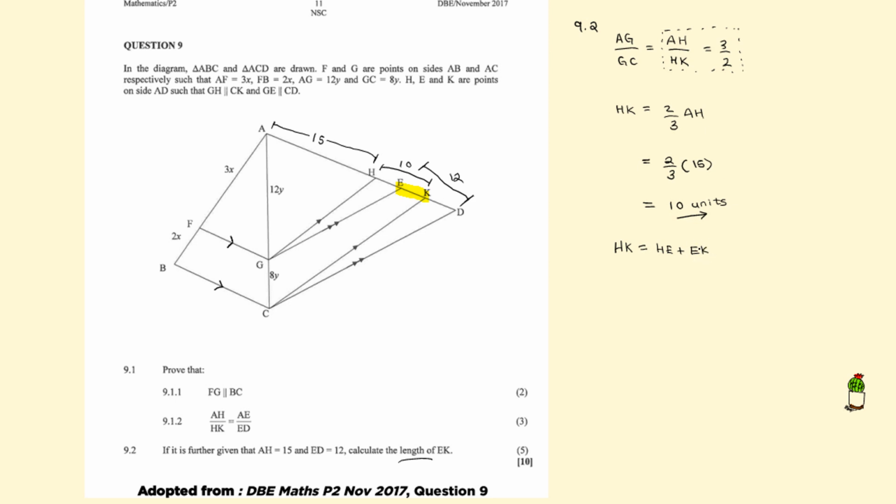We call this equation 1. So I need to get rid of this length HE in order to calculate EK, right? So HE is part of AE. Okay, so AE is equal to AH plus HE. You can call this equation number 2.